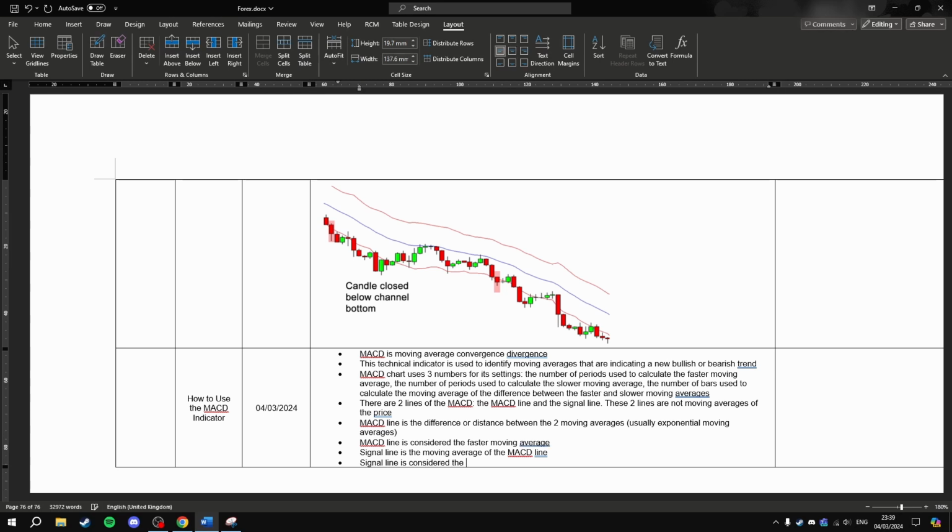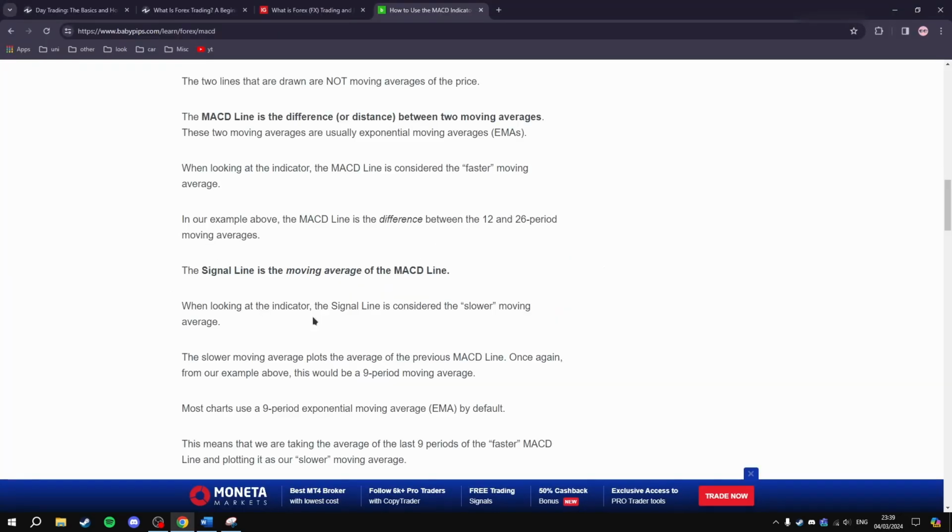The slower moving average plots the average of the previous MACD line. Once again, from our example above, this will be a 9 period moving average.